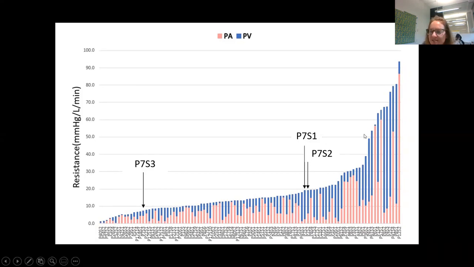You can see there's one just here, which has got only a small amount of venous resistance. And the red part here is from the arterial resistance. And this one here was caused by there being a very small arterial inflow. And so we can actually work out not only if there is a problem, but what the problem might be just by looking at what the resistance is and the breakdown of that resistance.